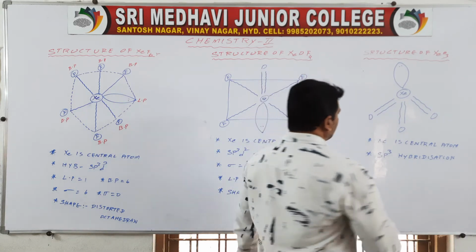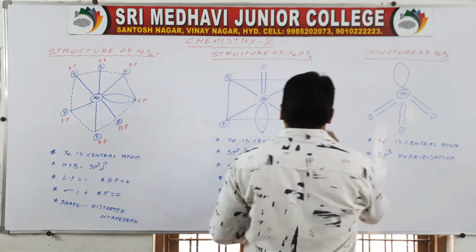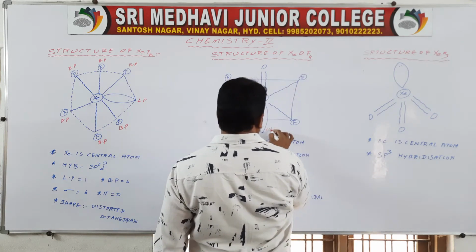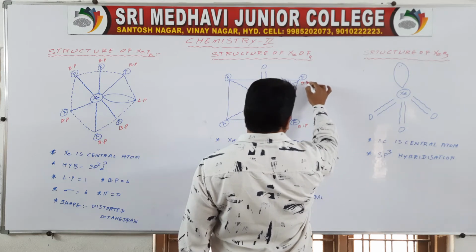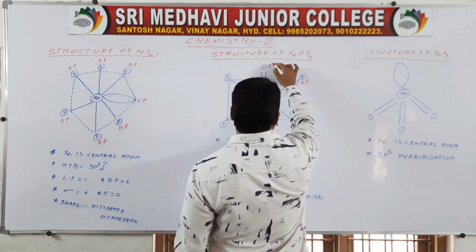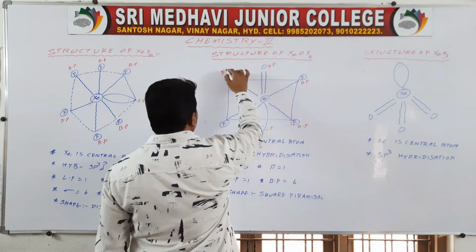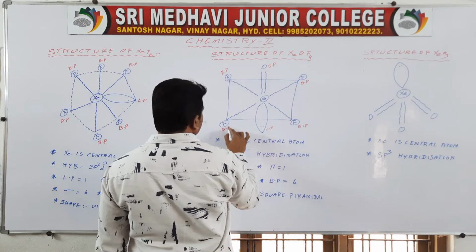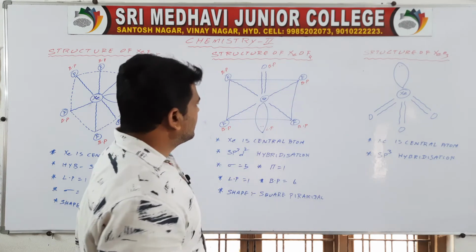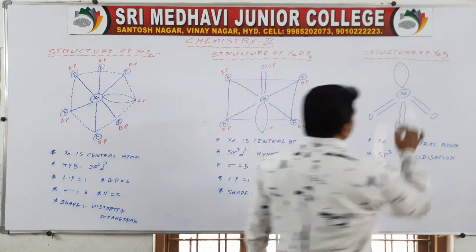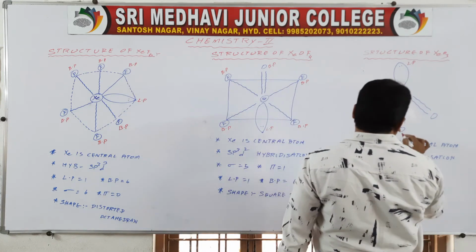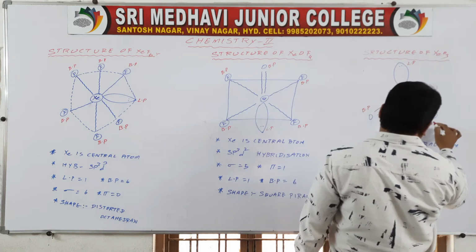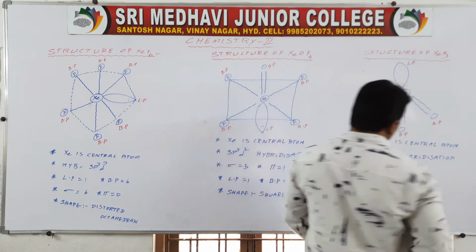Then how many lone pairs? It is a lone pair. It is a bond pair. It is a bond pair. It is also a bond pair. Okay. So here it is a lone pair, bond pair, bond pair, bond pair.